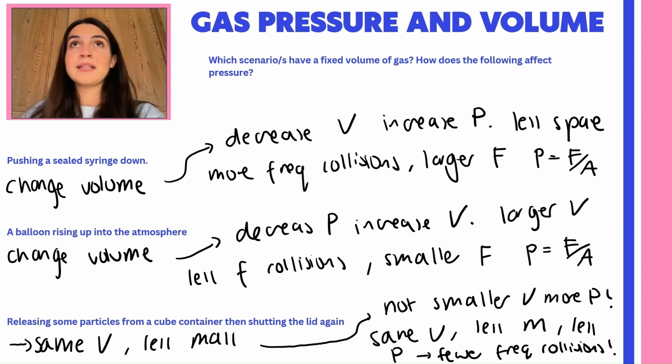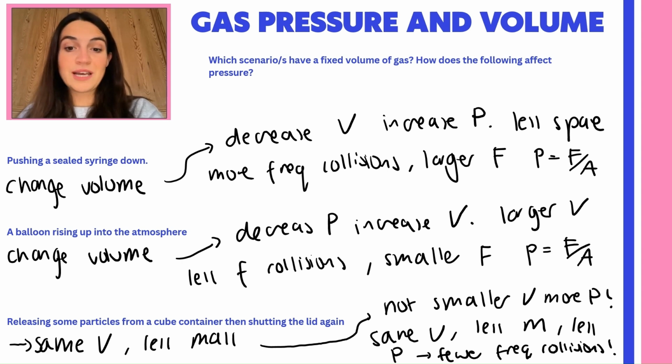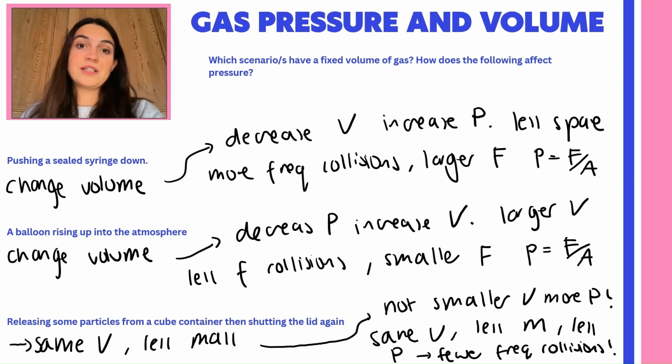The volume remains the same because the container has remained the same. But you do now have less mass in your container because you have fewer particles, and since you have fewer particles in your container, they will be hitting the walls less frequently overall, so you'll have less frequent collisions and a smaller pressure. So be careful here.